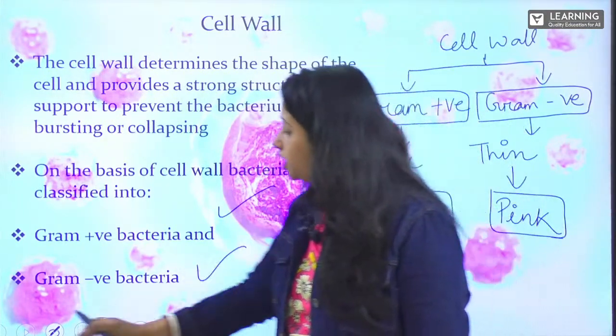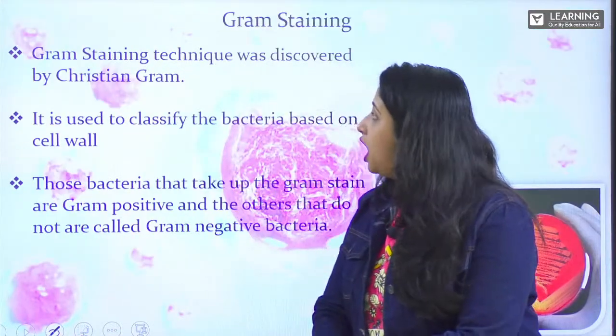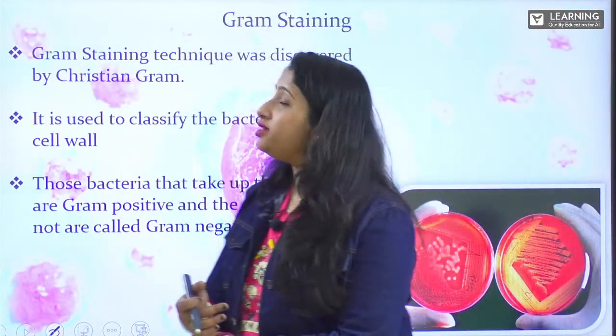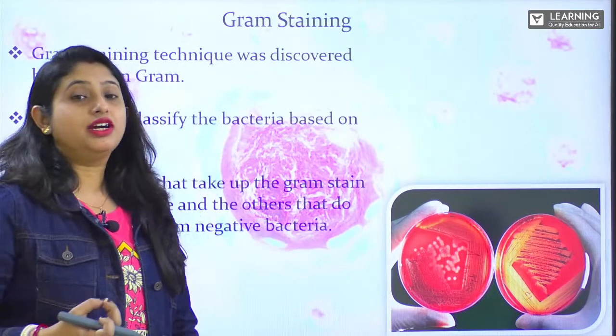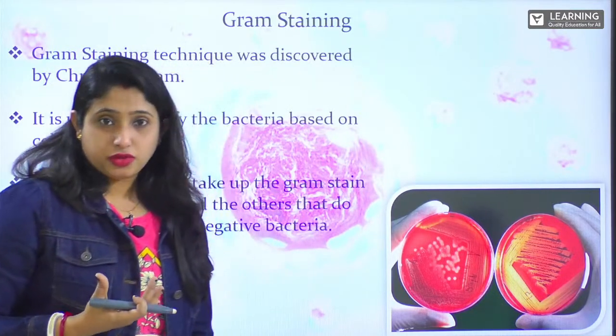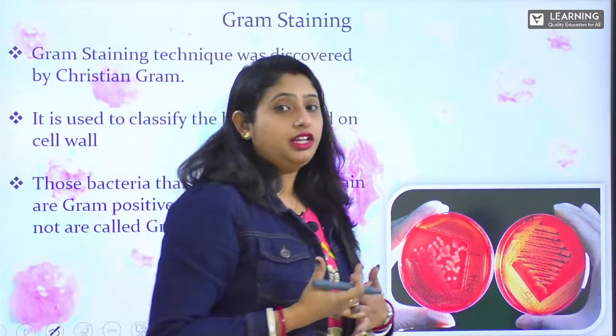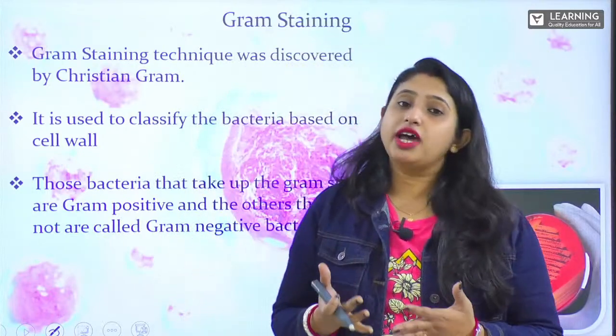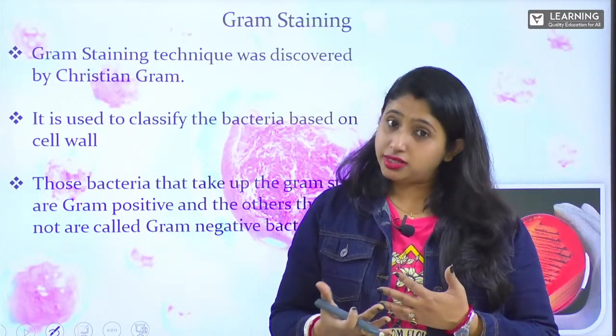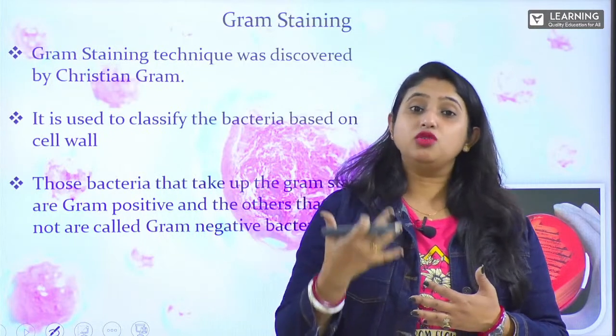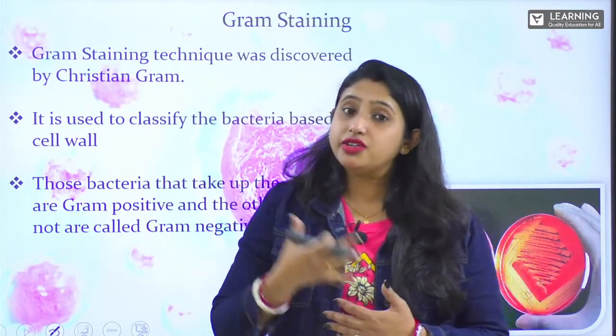Now let us see how the staining is done, or who is the scientist who first discovered the staining process. It is done basically in the laboratory. One famous scientist who discovered this technique is known as Christian Gram.